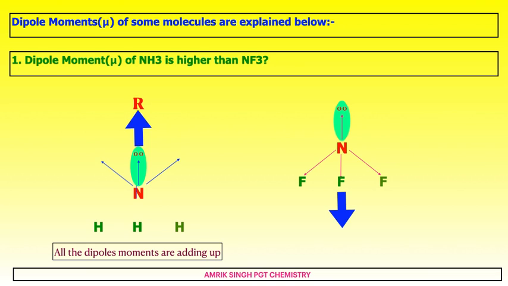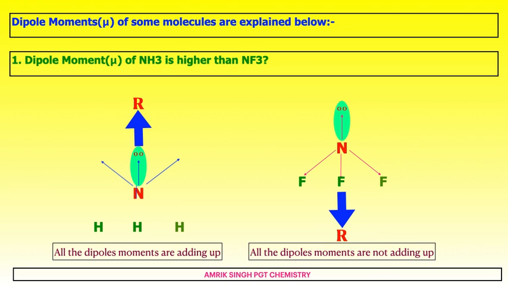Now the resultant will come downward. These dipole moments are downward and the dipole of the lone pair is upward. Therefore, there is no addition; something is subtracting here, that is the dipole moment of the lone pair. Therefore, the dipole moment of molecule NF3 will be lesser than NH3. In NH3, all the dipoles are adding. That's why it has higher dipole moment.